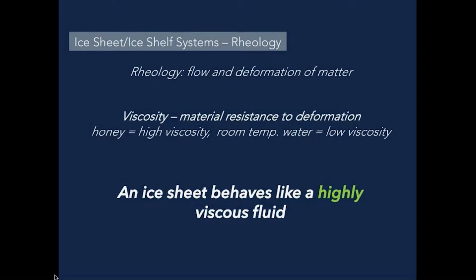So you can think of honey as being a material with a very high viscosity, and room temperature water as being a material with a lower viscosity. But to orient you just a little bit about exactly how viscous we're talking here, an ice sheet and an ice shelf generally have viscosities that are about 14 orders of magnitude more than honey. So we're talking about something that's super, super viscous.